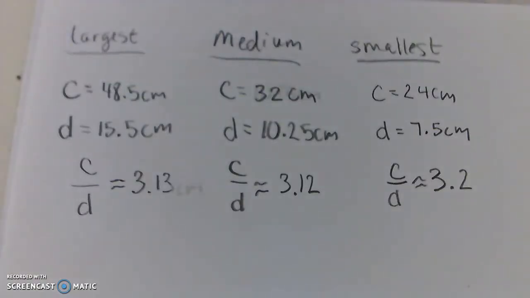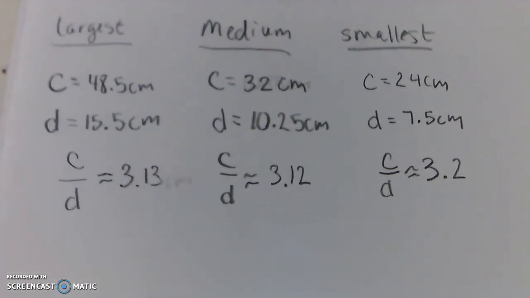So I measured the rolls of tape, the largest, the medium, the smallest, and here's what I got. And we can see that they're all different sizes, right? However, we noticed when we do the C divided by D, regardless of different sizes, we are getting a number approximately 3.1-ish, 3.2-ish, and I asked the students, do you recognize a relationship here?